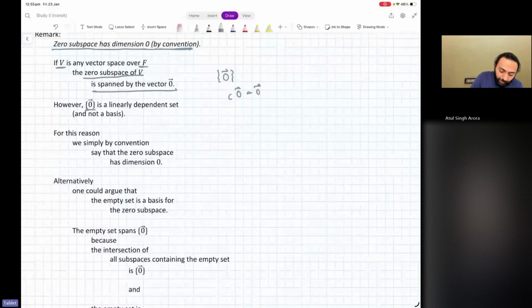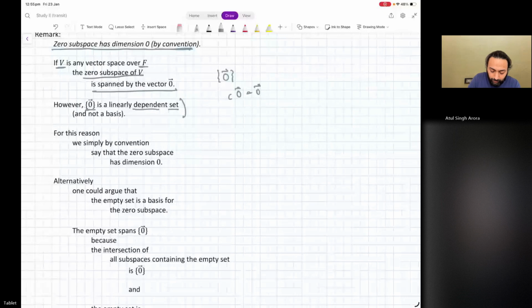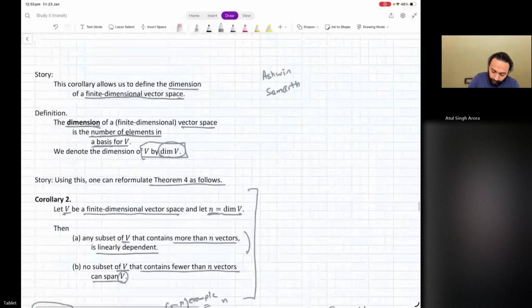So, however, 0 is a linearly dependent set, right? Why is 0 linearly dependent? Because we can find such vectors where the linear combination is 0.